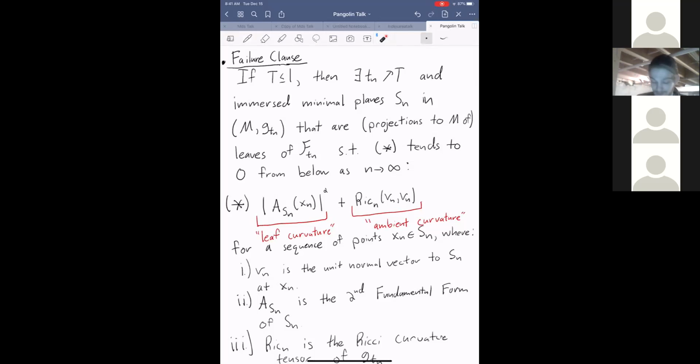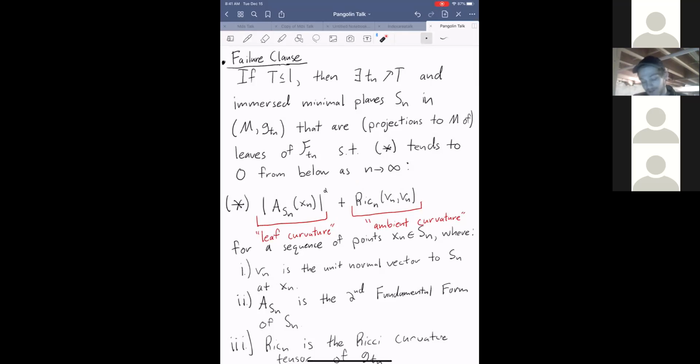So the first part of this asterisk quantity is just going to be 0 in that case. And so we'll just be left with the Ricci curvature of our hyperbolic manifold in the normal direction. So it'll just be -2 everywhere. So starting out, this asterisk quantity is basically -2 everywhere on all of our leaves.